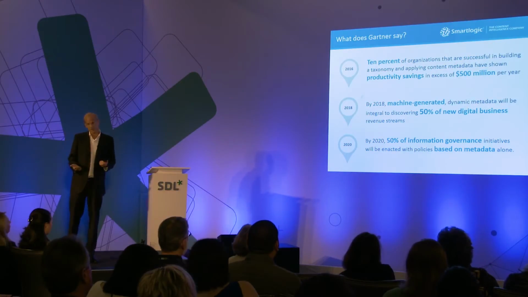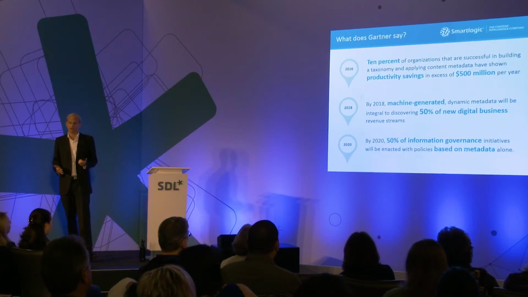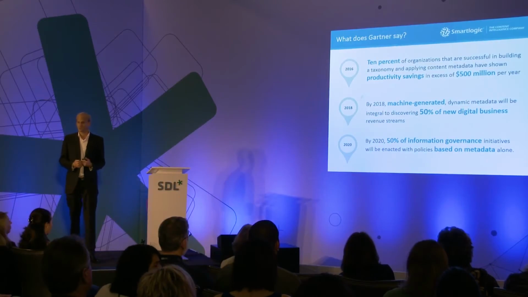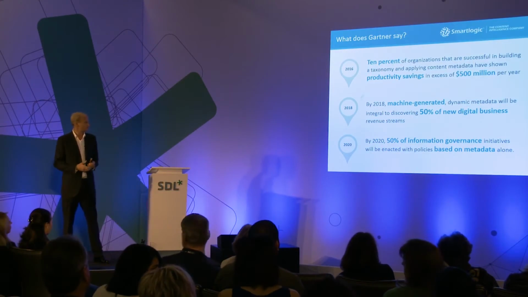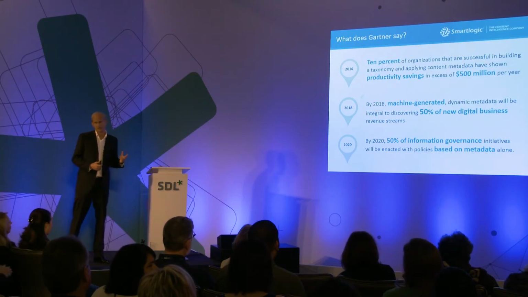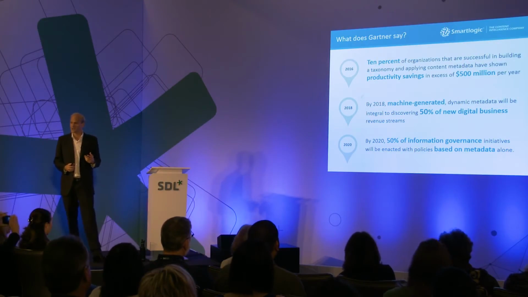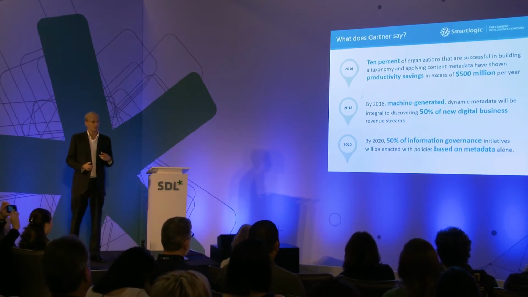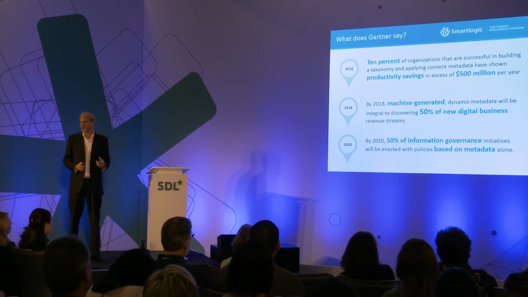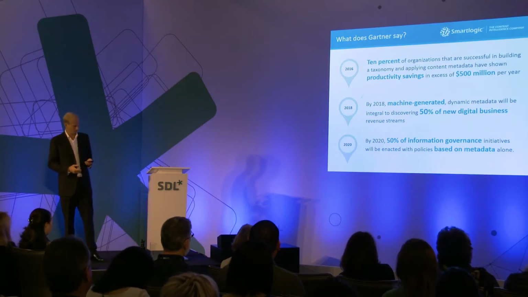And Gartner are telling us that organizations that do a really good job with metadata and taxonomy are seeing very substantial productivity gains, but also that as we go through the rest of this decade, taxonomy and metadata are going to be really fundamental to digital business and to the governance of information.